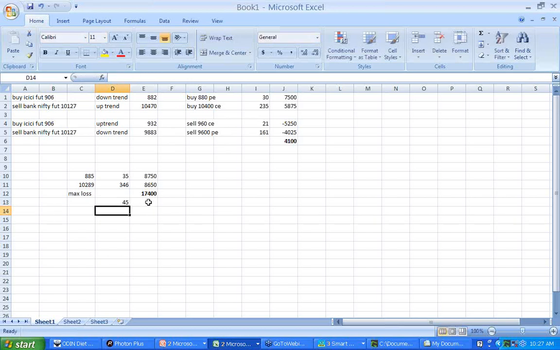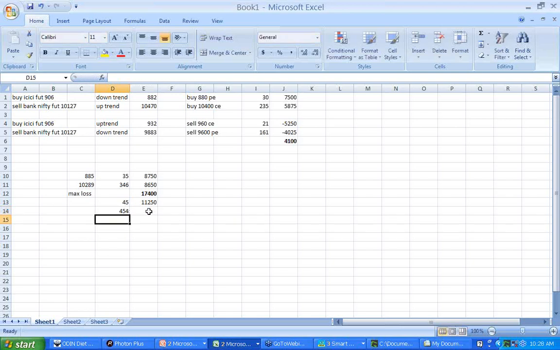So if ICICI Bank gives you success, then you can win 11,250, and if the Bank Nifty also gives you success, 9,600, 10,127 minus 9,600 plus 162 minus 235. Minus 235.